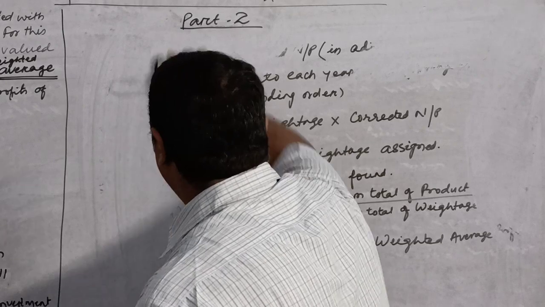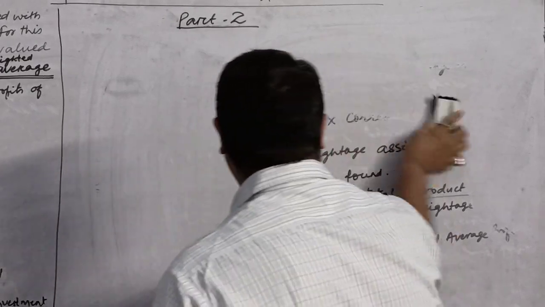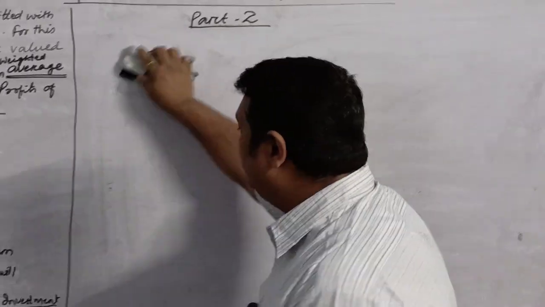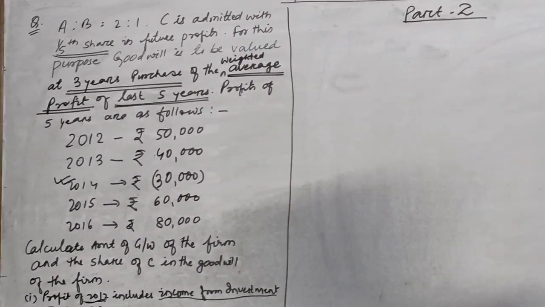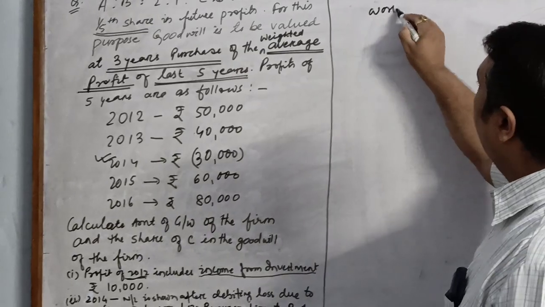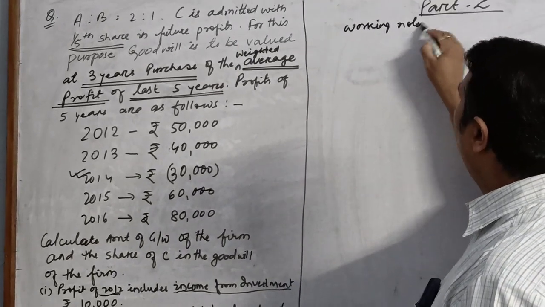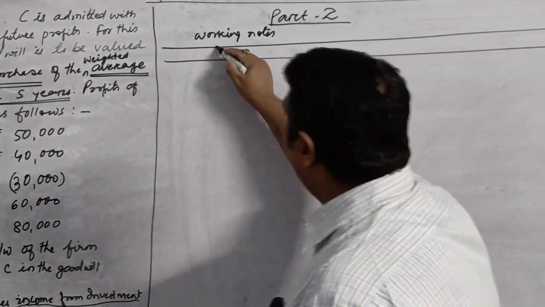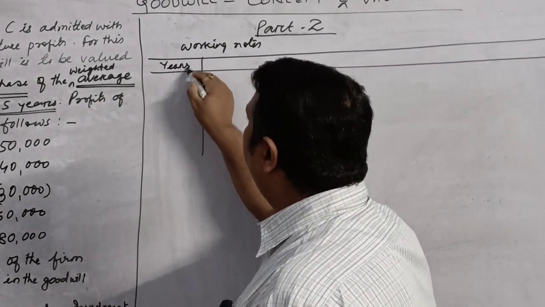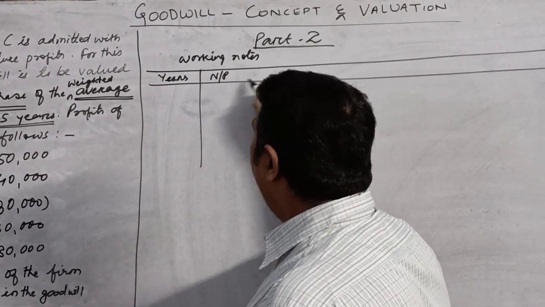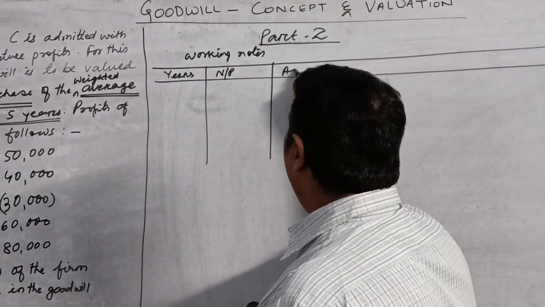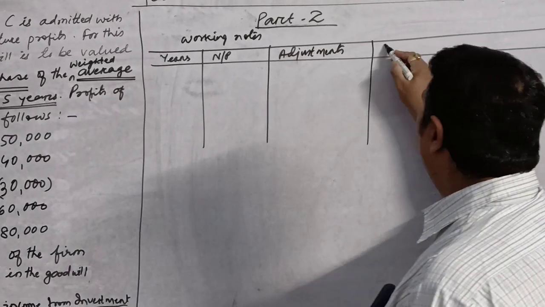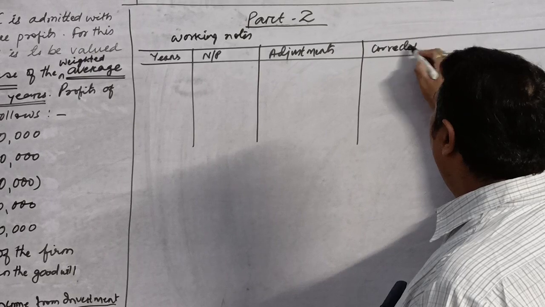I have not made any change in the previous question. I am taking the same question where we are going to find out the goodwill with the help of the weighted average profit. For that, once again, I would suggest you all to go for the working, and in this working column you will first of all mention the year which have been mentioned in your question, the net profit which have been reported, the adjustments which are supposed to be made, and then we will make the corrected net profit.